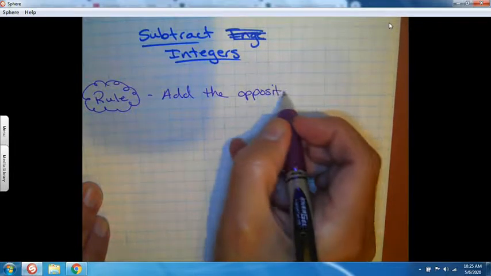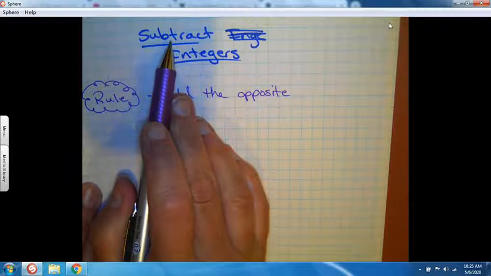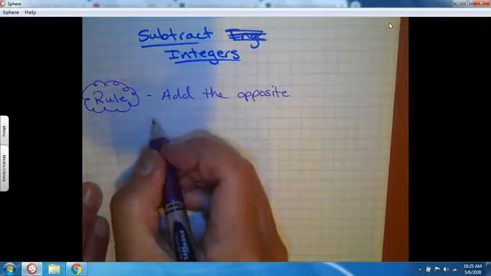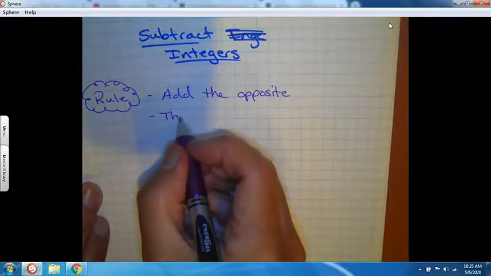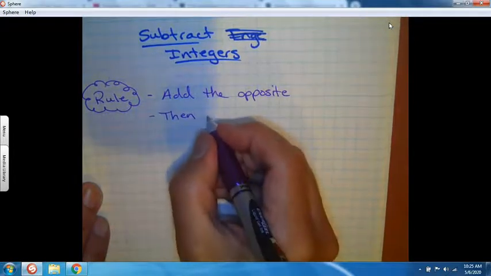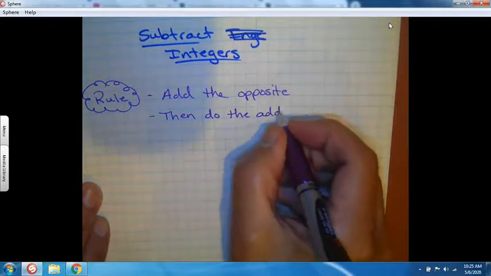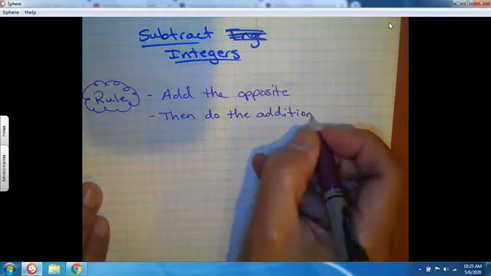Because we hate to subtract, so don't. You're going to add. So you're going to add the opposite, then do the addition rules that we already learned.